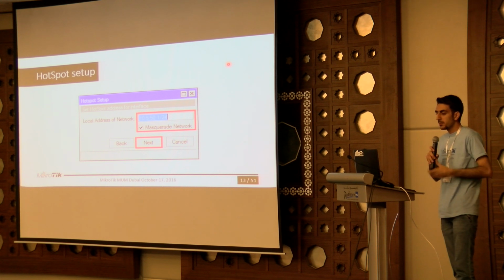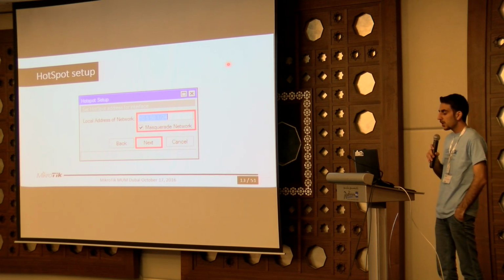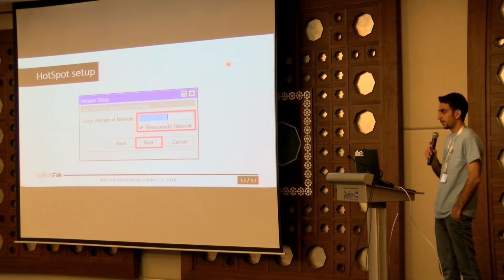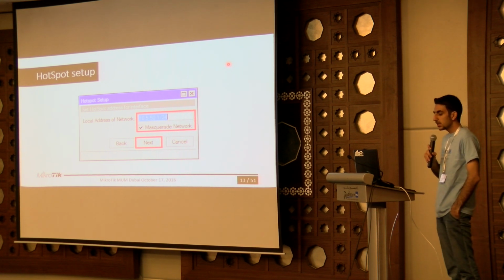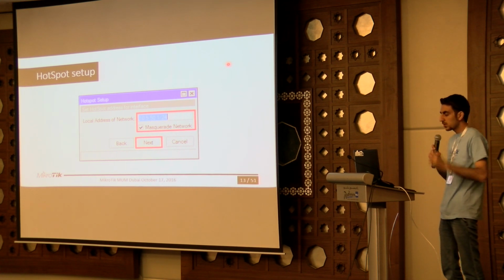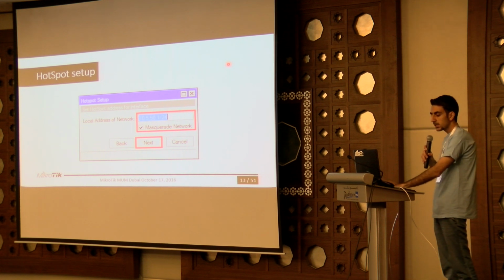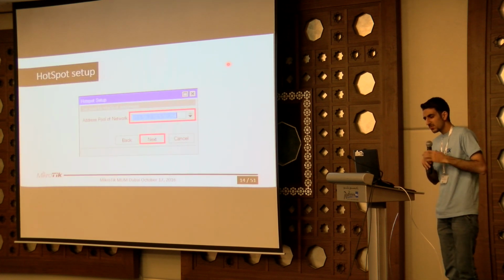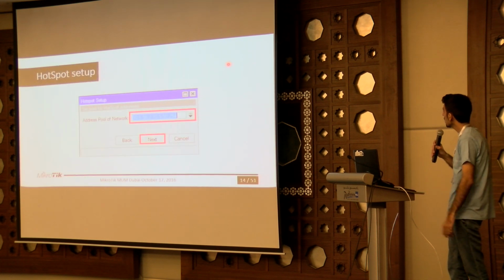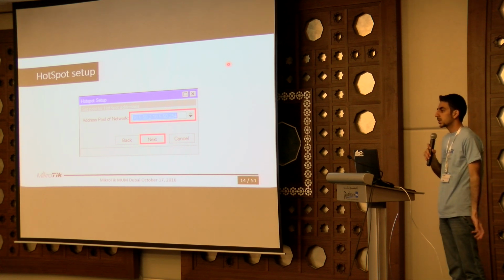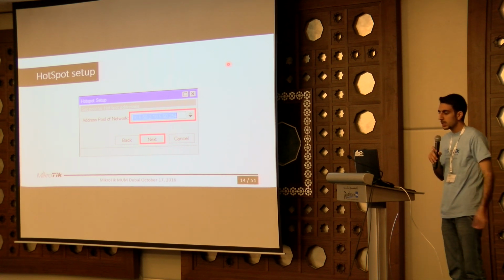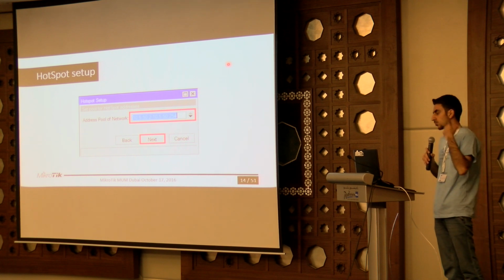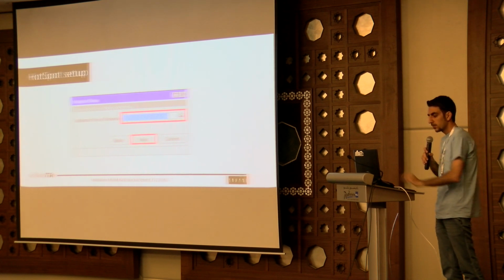In the next step, we specify the IP address for the hotspot interface and set the masquerade network checkbox. After that, click on next. This step is optional. You can edit the range of IPs for hotspot clients and then go to the next step.